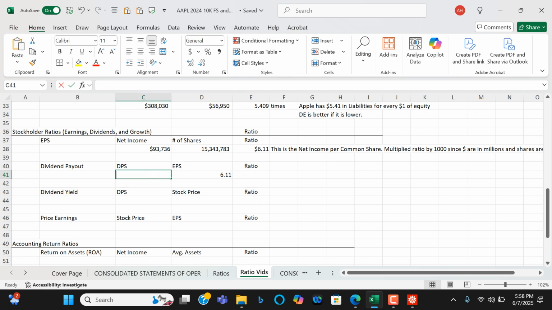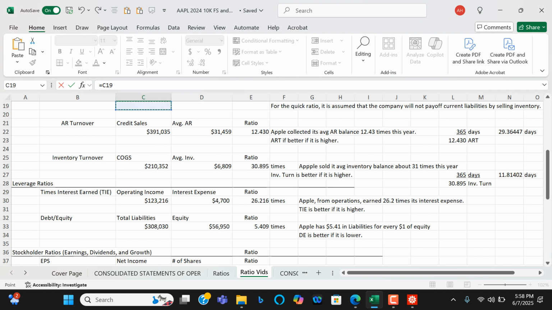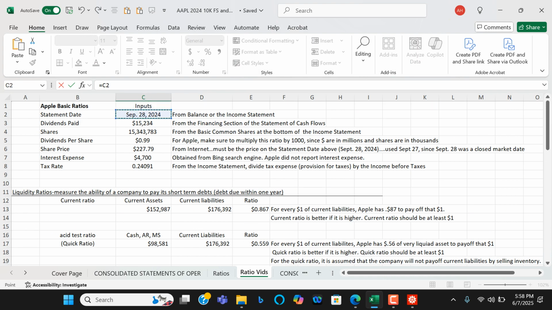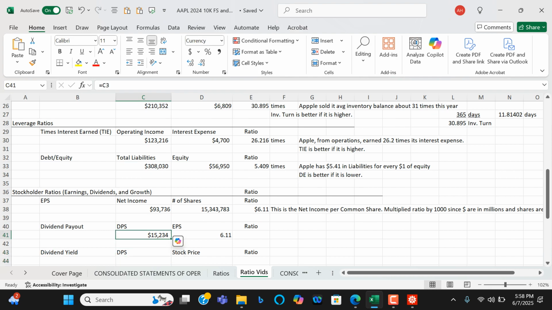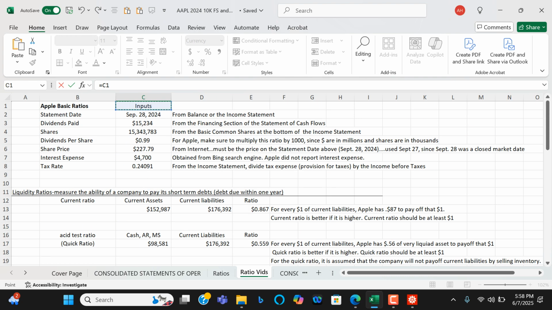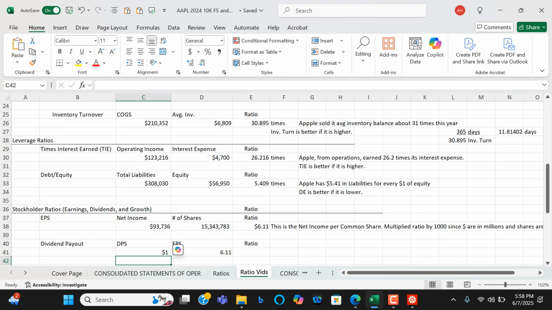And then dividends per share, if you don't recall, I did that up here because you had to get the dividends from the statement of cash flows. Well, I got the dividends per share right there. Okay, so dividends per share over earnings per share. Okay, and that's incorrect, by the way. Go back here. Dividends per share was actually 99 cents. What am I doing? Okay, or $1 is good enough.